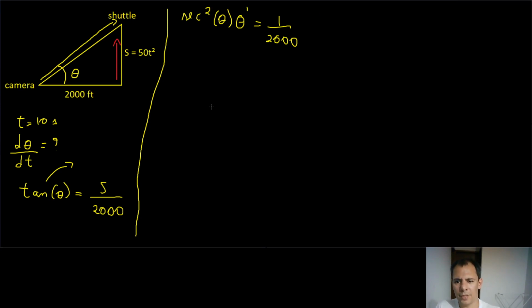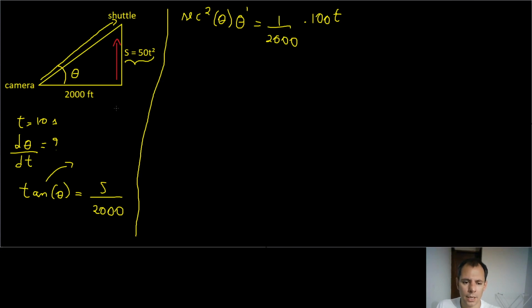Now, do we have ds dt already? Yes, we do, because look, this is the formula, okay? So differentiating this stuff with respect to t is going to be 100t. So let's just put 100t in here. Okay, all right. This is going to be a little bit complicated.